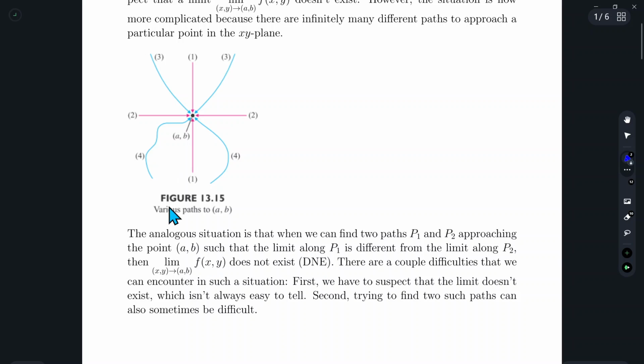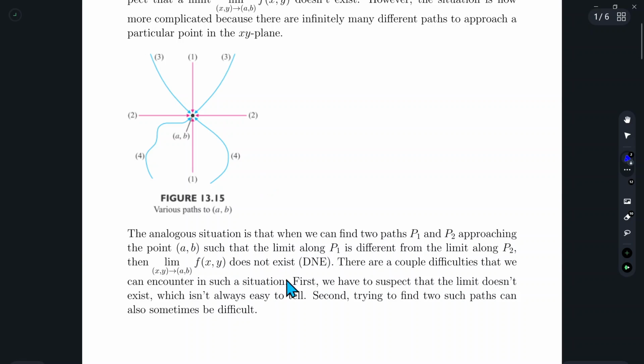You can have a situation where, say, the limit along this path is the same as the limit along these paths. Say along all the pink paths, the value of the limit is one value, and if I take this blue curve here and the limit happens to be a different value, then I can say that the limit doesn't exist.